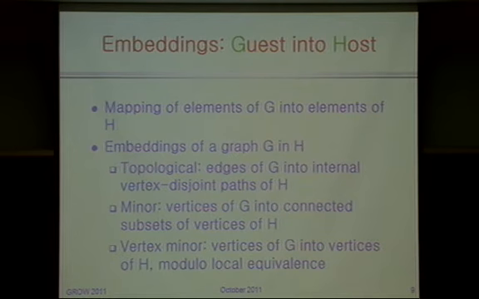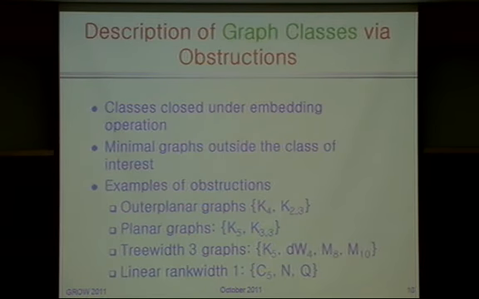And then embeddings, and I like G and H, maybe slightly reversed from what you normally use, because I'm thinking of guest and host. So we embed the guest graph into the host, and we map elements of G into elements of H, and there are different embeddings, of course, topological, and Zdeněk talked about, actually, he hit two of them, the minor embeddings we were talking about yesterday, so we all know what all this is about.